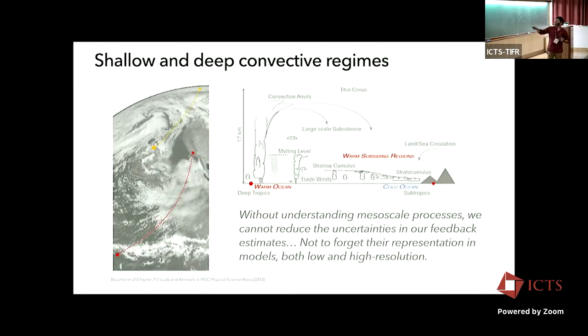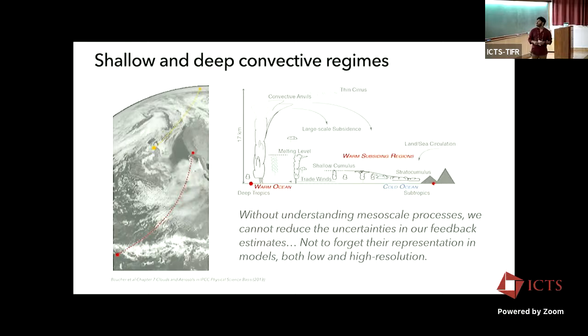But within all these large scale features, there are mesoscale processes that need to be added, such as this double convergence here or circulations here, which can improve our current estimates of the cloud feedback uncertainties and climate sensitivity estimates much better.